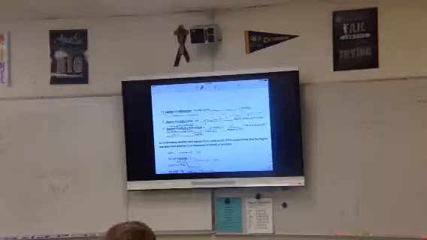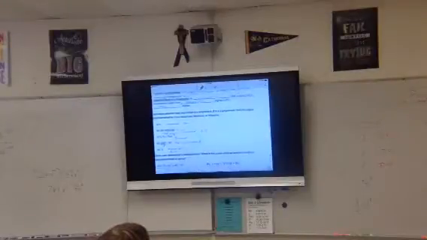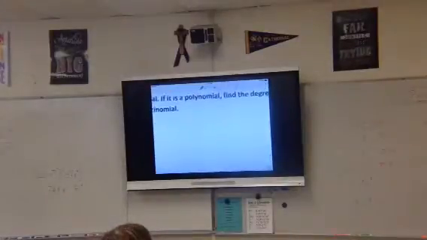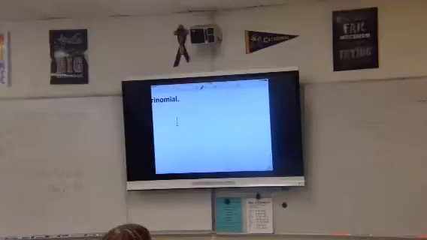Okay, there are a couple of vocab words that we need to add on real quick. Off to the side, we're going to have linear, quadratic, cubic. So these are kind of the main guys.